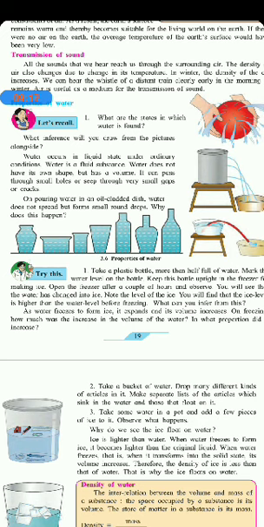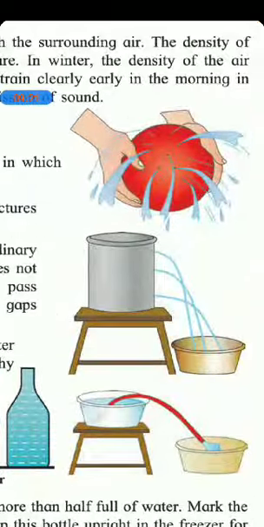Whenever water is converted to ice, that is liquid to solid, its volume will increase. What do we mean by volume increase? It expands. That's why the mark had changed from where we marked it. It has risen upward, that means it expanded, that means its volume has increased.